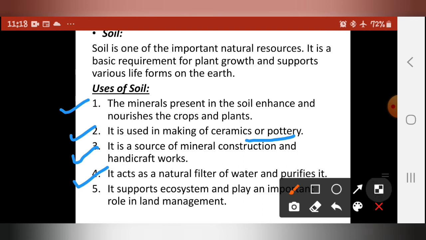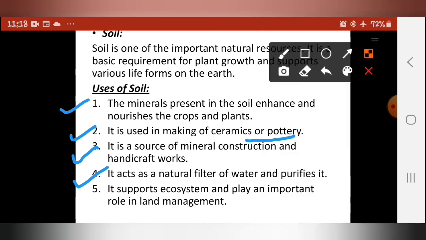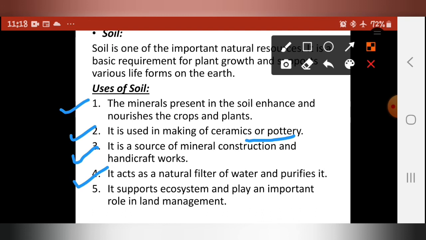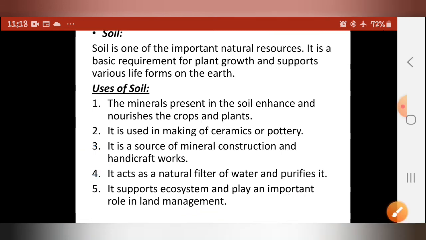Fifth point, it supports the ecosystem and plays an important role in land management.